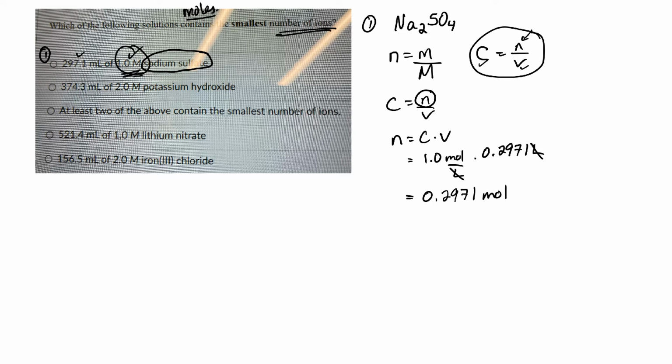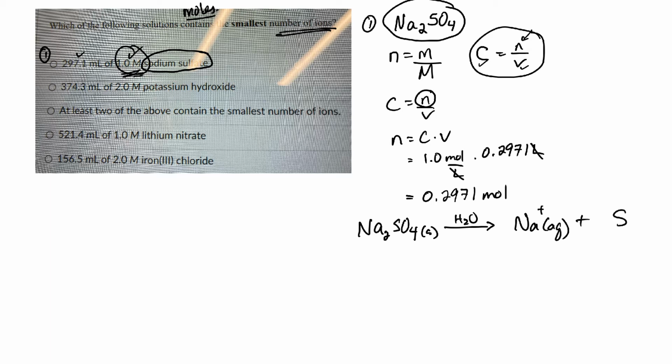So this Na2SO4 is a compound, but I know that it dissociates. Like we did in class, if I put Na2SO4 in water, it dissociates into sodium ions and sulfate ions. Now there's a 2 there, so I need to put a 2 here.